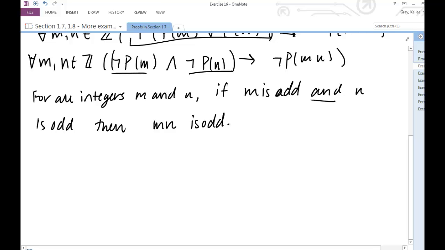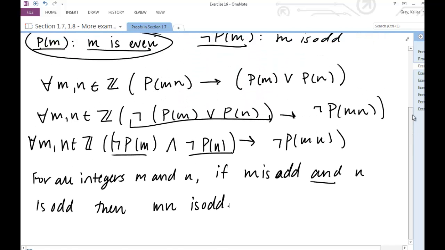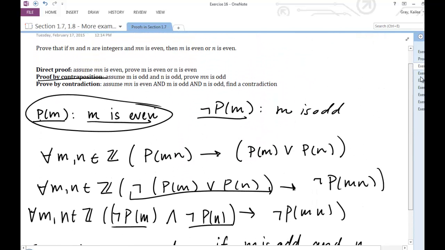Now, I don't know if you can see it, but this seems a little bit more straightforward to prove, because all I have to show pretty much is that the product of two odd integers is an odd integer. And I already kind of know that, and I can just do that directly: 2k plus 1 times 2l plus 1, we get 2 times some integer plus 1. So that's proof by contraposition.